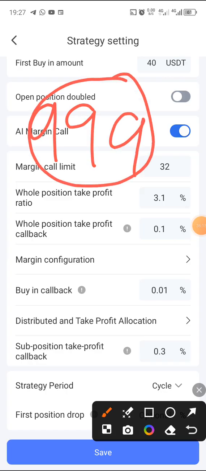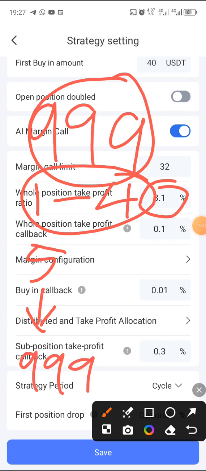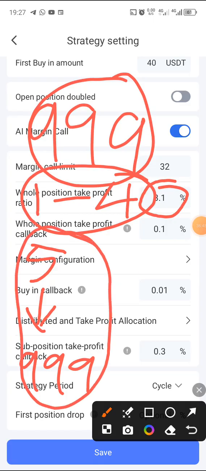But from margin call 1 to margin call 4, these 4 margin calls will be sold at once on this take profit ratio, the one you set. Now, from margin call number 5 up to 999 margin call, these calls here are independent and they are sold independently.